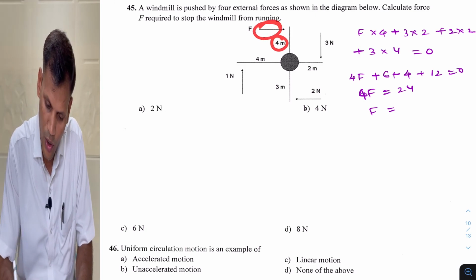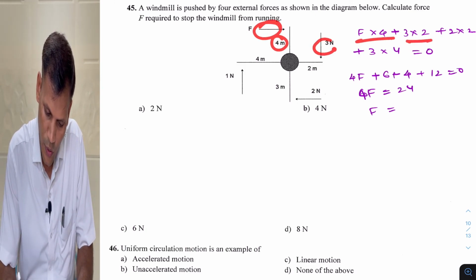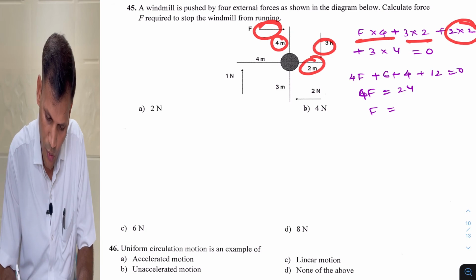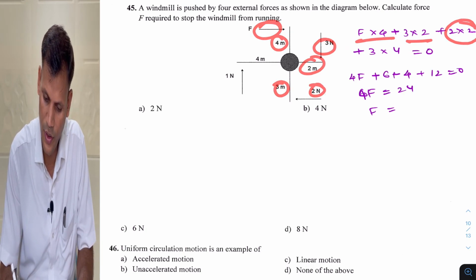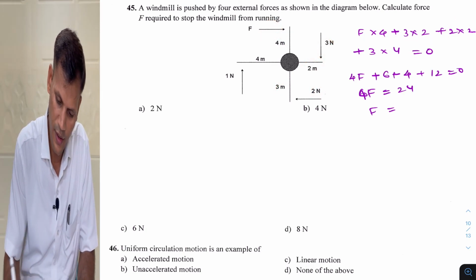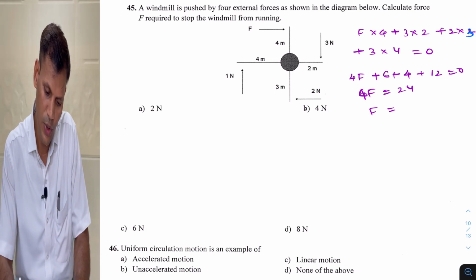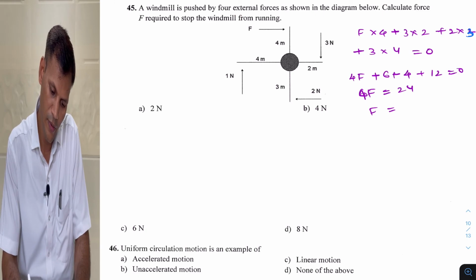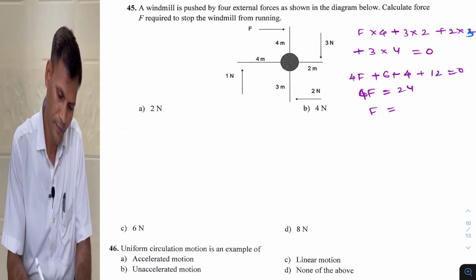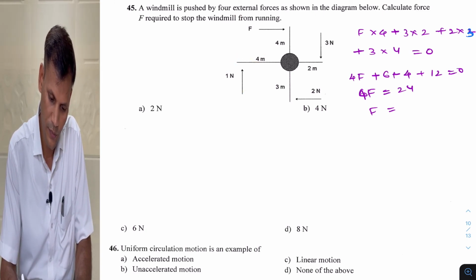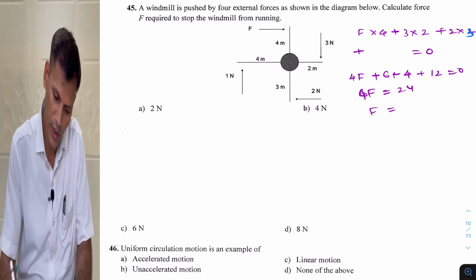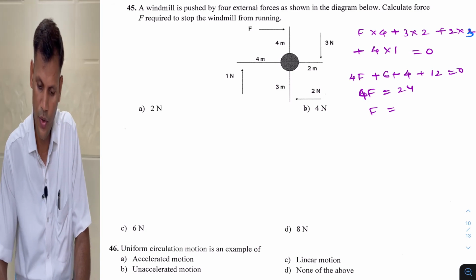F into 4 plus 3 into 2 plus 2 into 3, that was the mistake, 2 into 3, then 4 into 1, I have made it wrong, 4 into 1 is equal to 0.